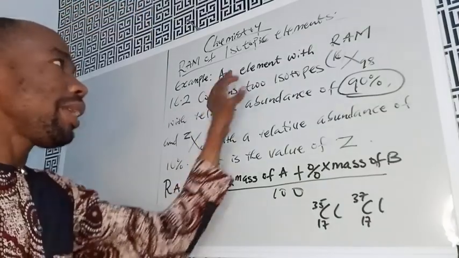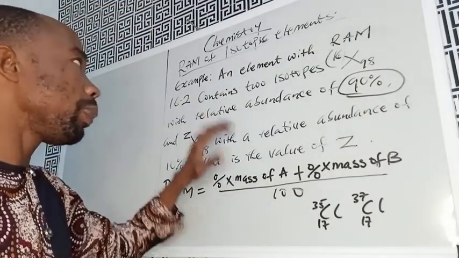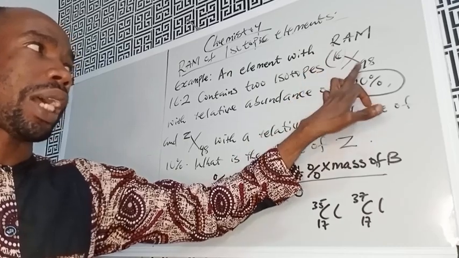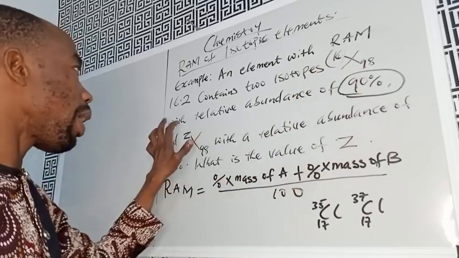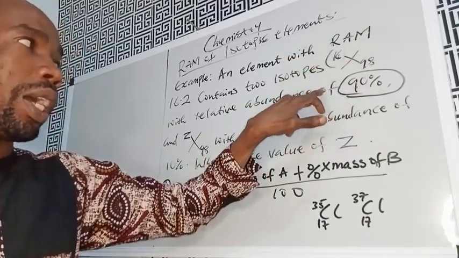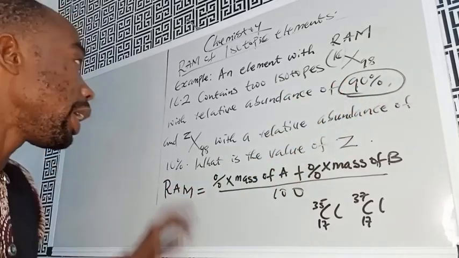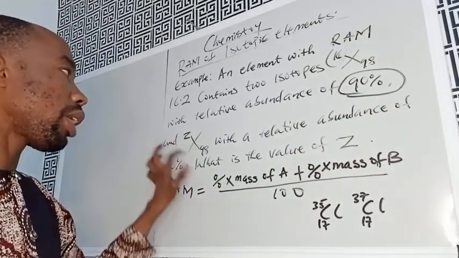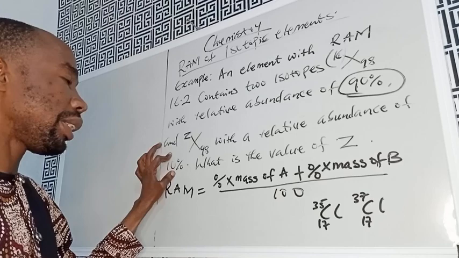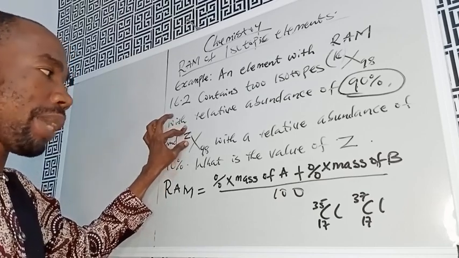An element with relative atomic mass of 16.2 contains two isotopes: X-16 with atomic number 8, with a relative abundance of 90%, while the second isotope has a relative abundance of 10%, with Z as the atomic mass.